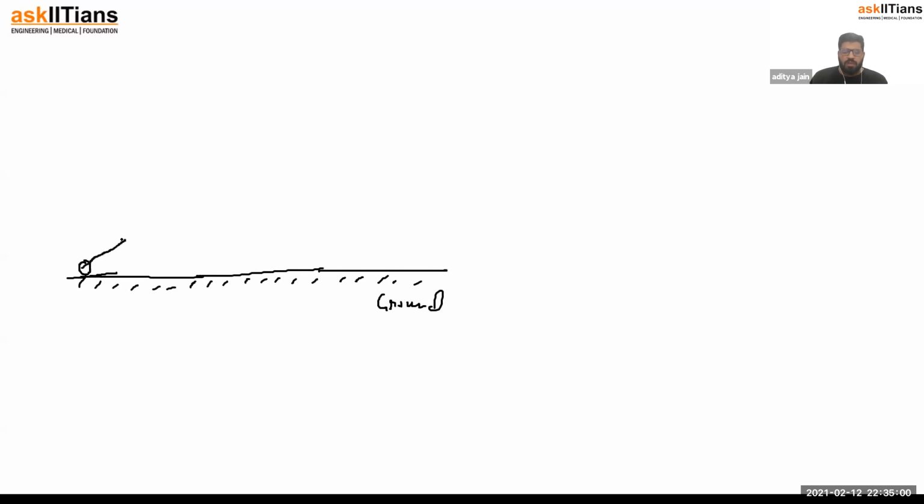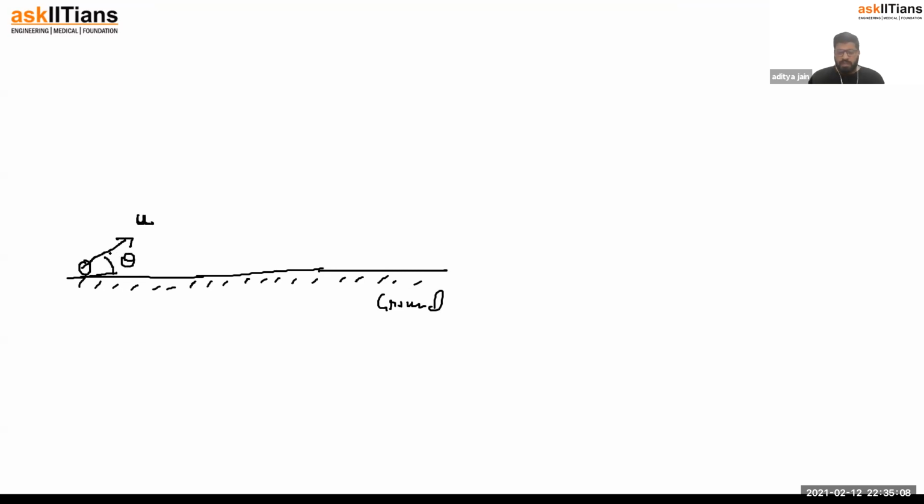Now we'll get the basic idea of what a projectile actually is. Suppose I am taking the case when a ball or object is thrown obliquely. Suppose this is the ground, and an object or a ball is thrown with an initial velocity u at an angle theta with the ground.